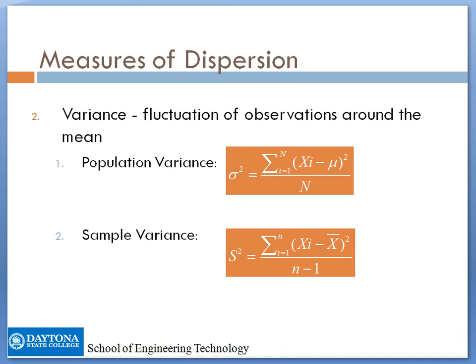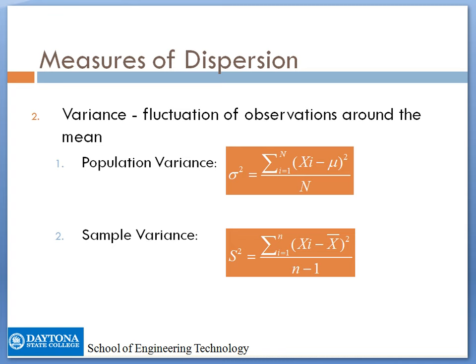For population, we use sigma squared, and it's equal to the sum of all the observations minus the mean, to the power of 2, divided by the population size.